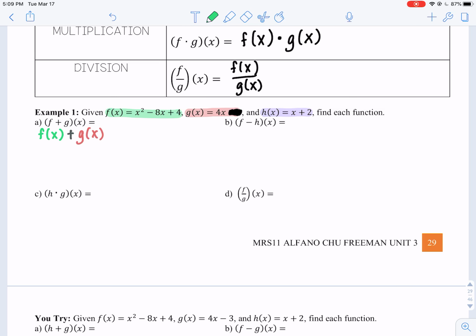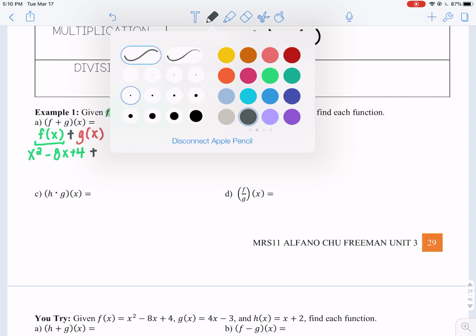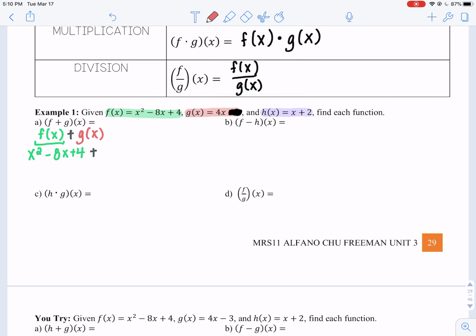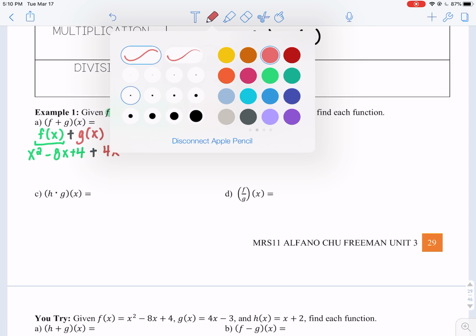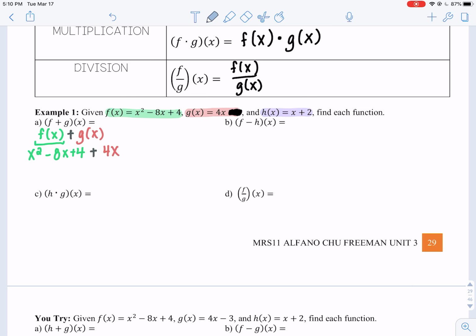F of x is x squared minus 8x plus 4. And then I am adding that to g of x, which is just 4x. Let's combine like terms, bring everything down. X squared, negative 8x, and positive 4x can combine to give you minus 4x, and then we bring down our plus 4.